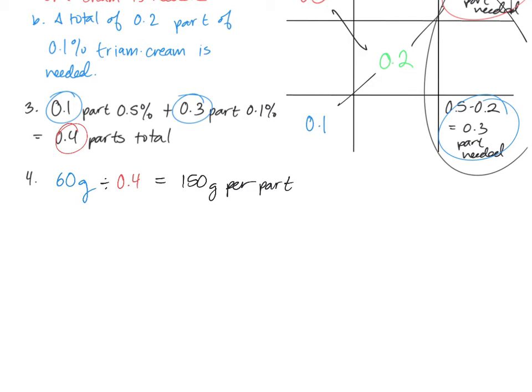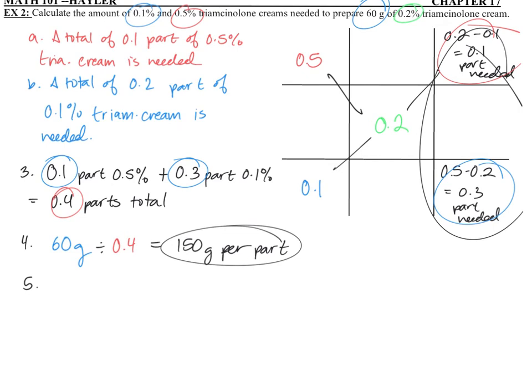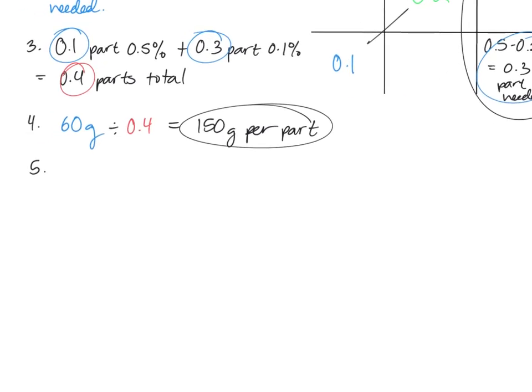Okay, next step, step 5. We're going to multiply one size of the part by the number in the top right of the grid, and that is going to be the amount for the more concentrated stock product that we need. So that would be multiplying that by the value up here. Sorry, that's getting really messy up there. Let's go ahead and multiply that out.